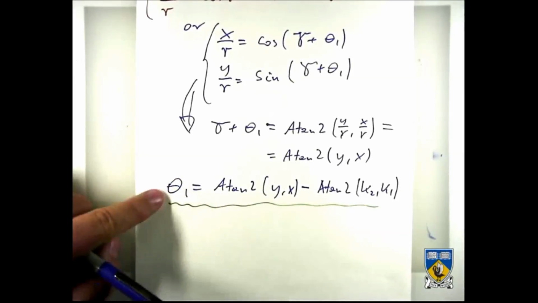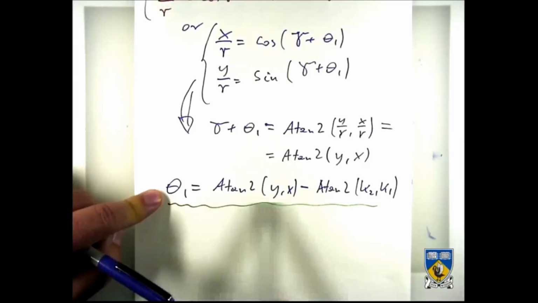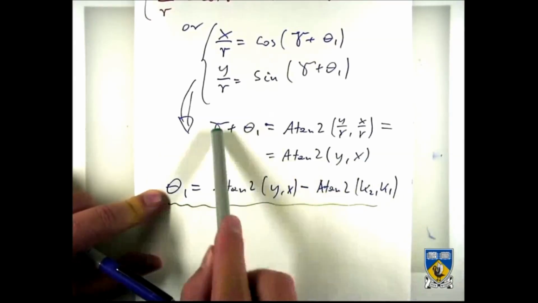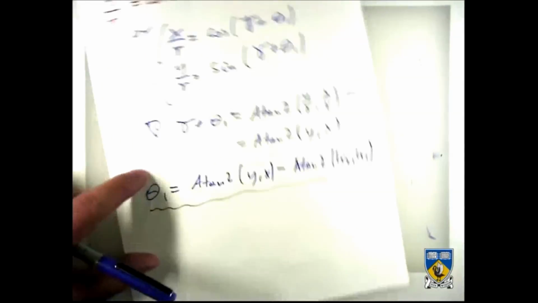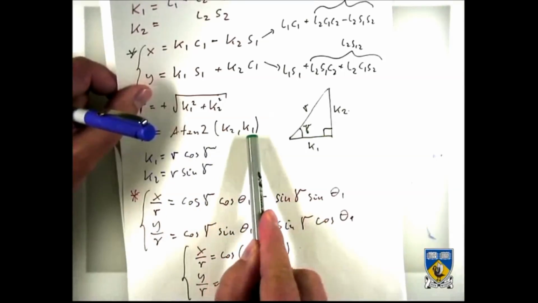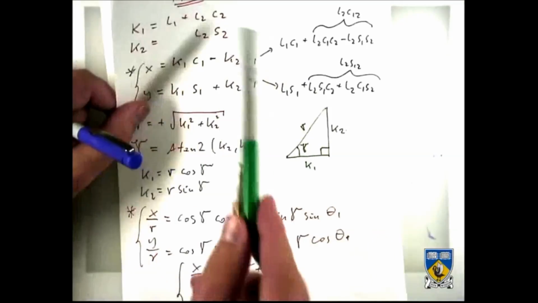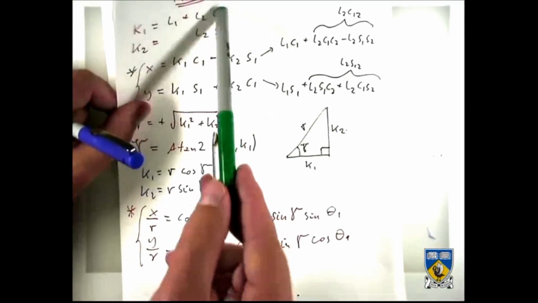And therefore, theta 1 is being generated by a single line in the code, which is atan2 of y, x minus gamma, and gamma, as we remember, is atan2 of k2, k1. Okay, and k2, k1 defined at the very beginning, known after theta 2 has been computed.